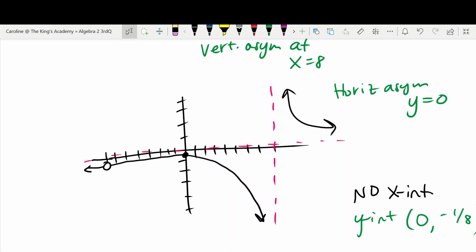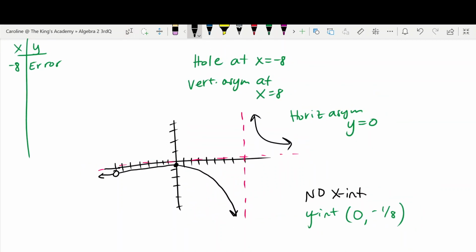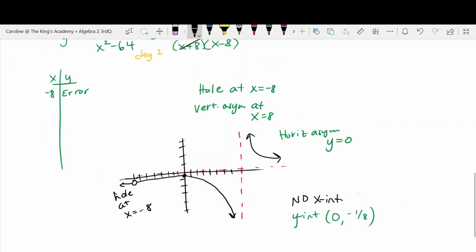It's a space where the graph jumps, it's not included. You're right. So what I did is I counted on the x-axis till I got to -8 and then went down to where my curve would be, and I included that as a missing value.